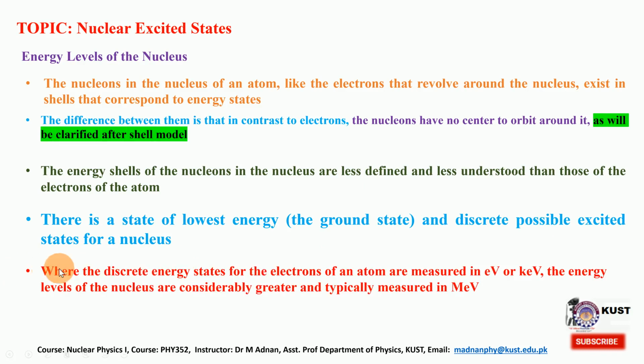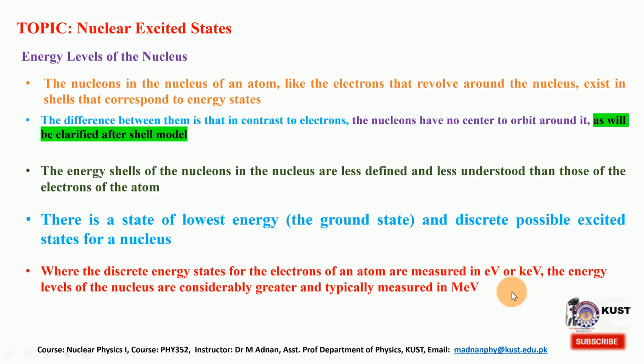The discrete energy states for the electrons of an atom are measured in electron volts or keV, that is, the difference of the energies. When we are talking about atomic physics, they are of the order of keV. The energy levels of the nucleus are considerably greater and typically measured in MeV.